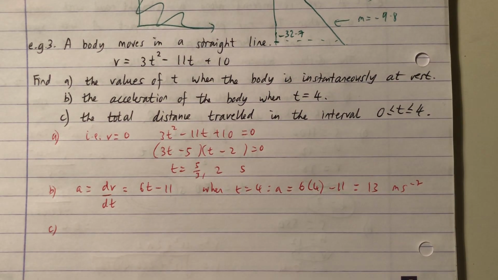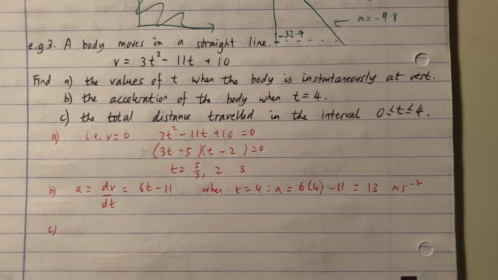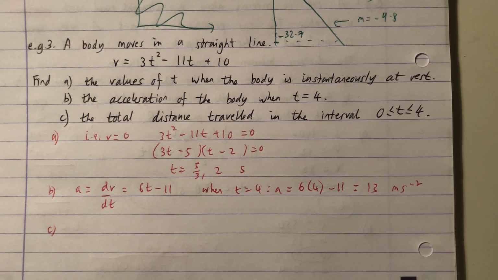And then the third and final part is the hardest part. Find the total distance travelled in the interval 0 to 4 seconds. Now, because there's not much context in this question, it's not obvious whether this particle has moved or changed direction.